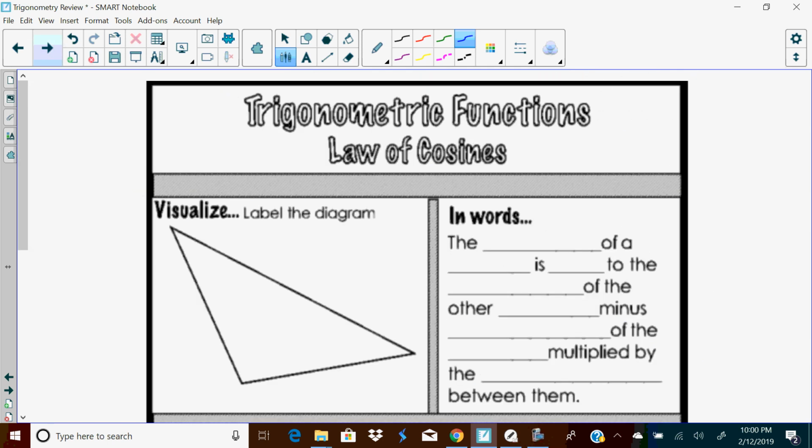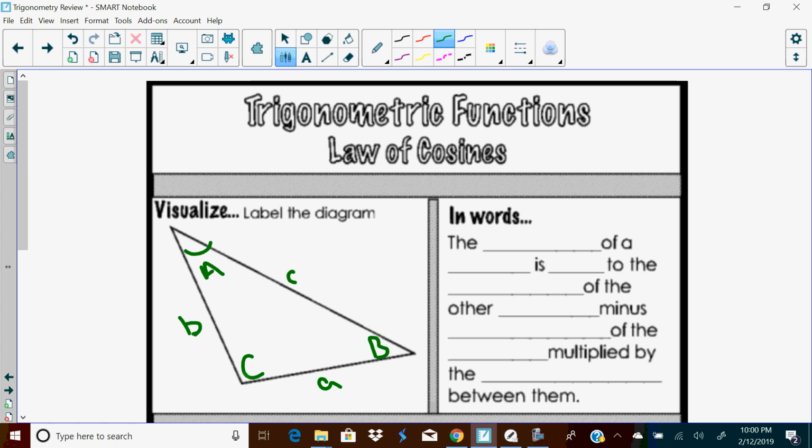So the next one is the law of cosines. This is when you don't have the opposite sides and angles of things. But when we draw it, this looks exactly the same. So we want to envision that this is angle A, this is side a, this is angle B, side b, angle C, side c.